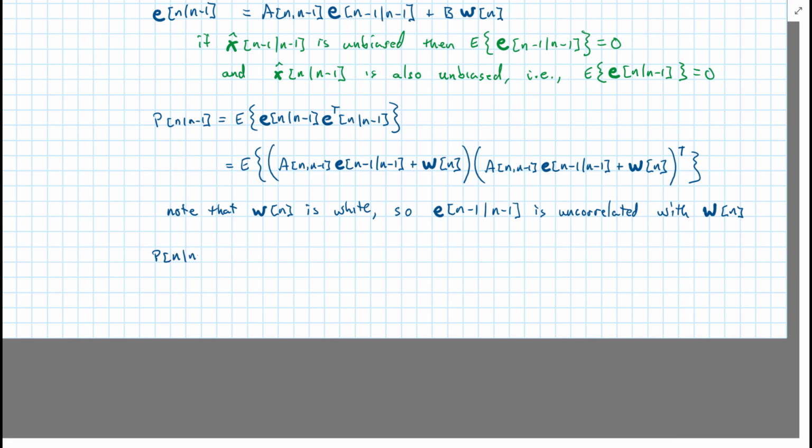P at time n given n minus 1 is equal to our A matrix at n minus 1 times our previous P times A transpose of n minus 1 plus Q_W.